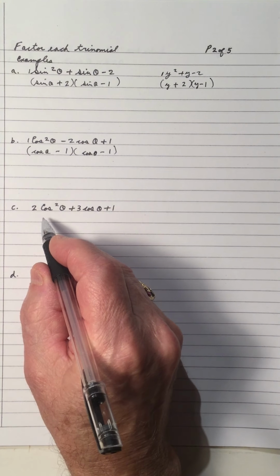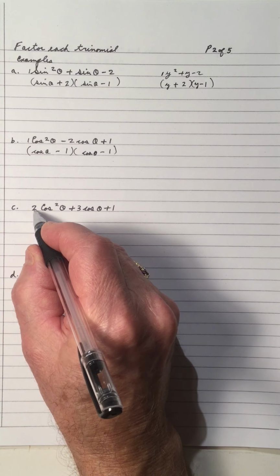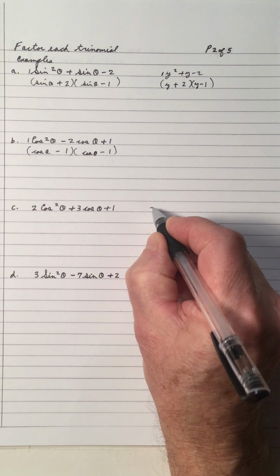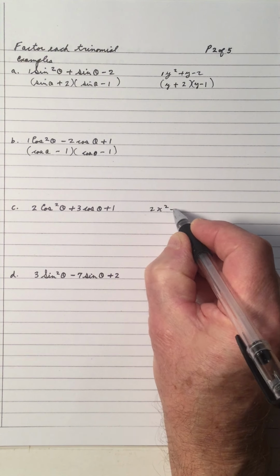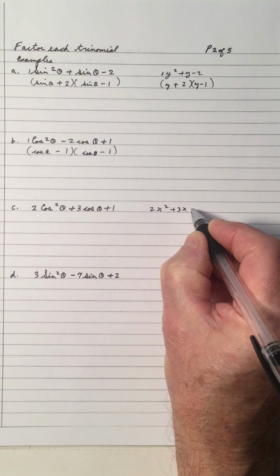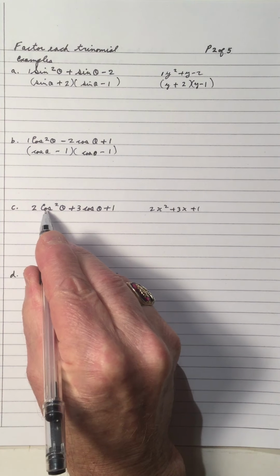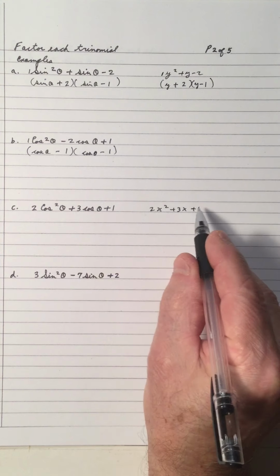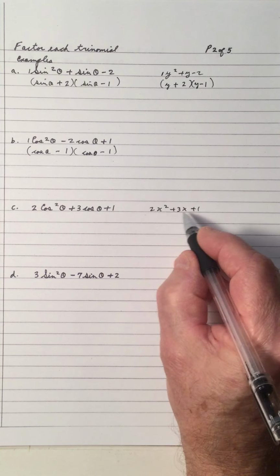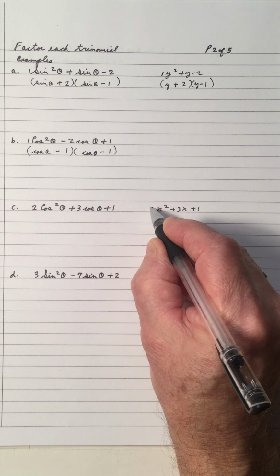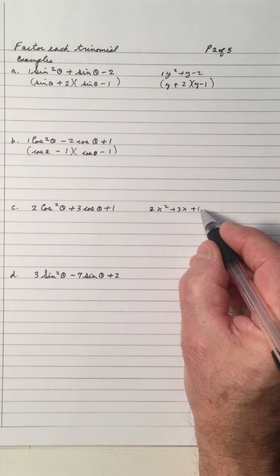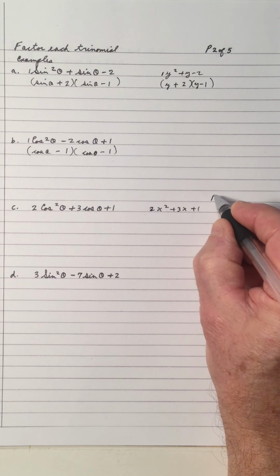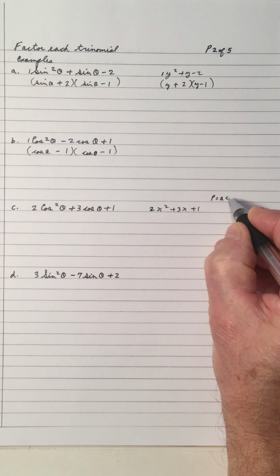Now this one's a little bit different because a is 2 this time. So we write down 2x squared plus 3x plus 1. If you let cos theta be x, then you have a trinomial where a this time is 2. There's no GCF. Remember, the product is a times c.